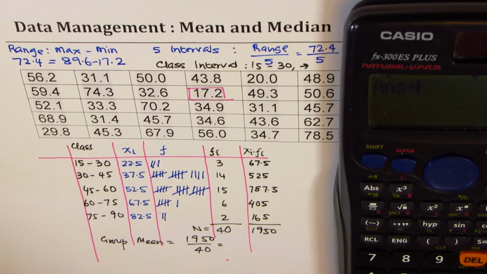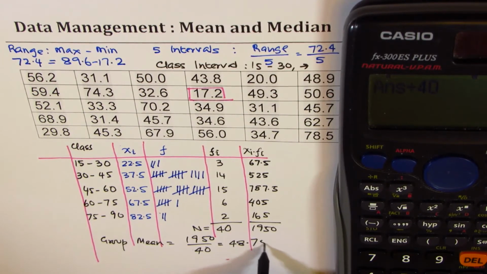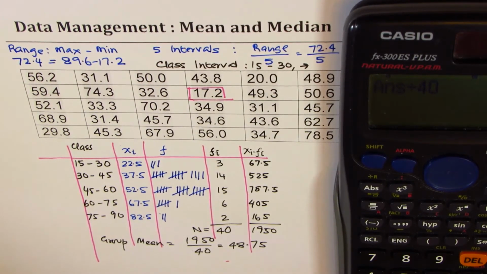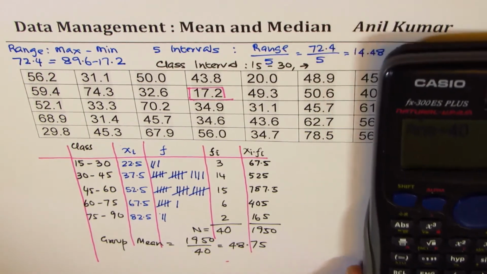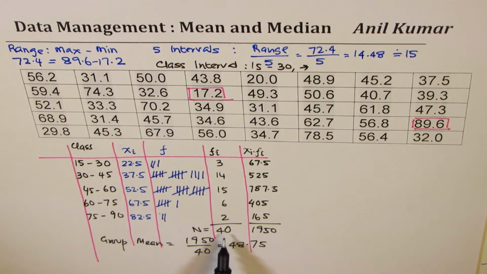So we'll divide this by 40 to get our answer. In decimals, it is 48.75, right? So that becomes our group mean, which is very different from the mean which we calculated earlier. Now, in earlier calculations, there could be a mistake. I'm not sure about it. But this seems to be better for me, right? So I didn't miss any numbers, and I think this is better. Okay. So we have found one thing, which is the group mean, a big deal.